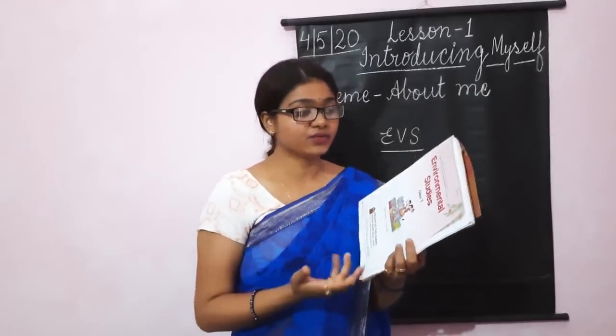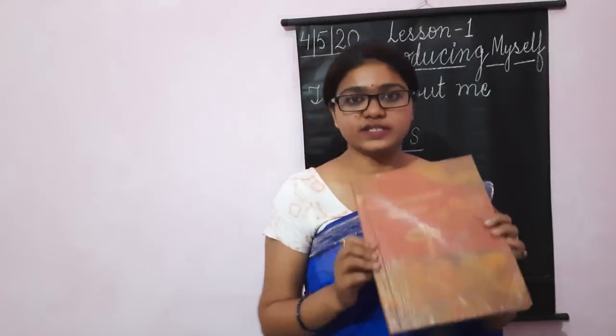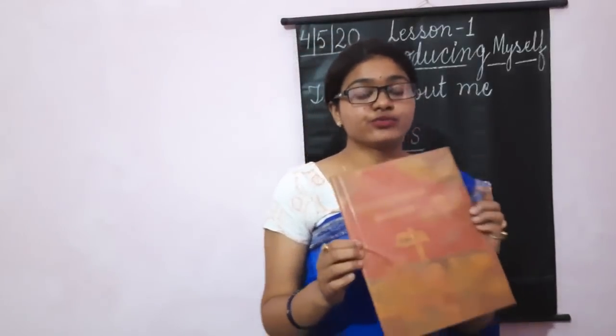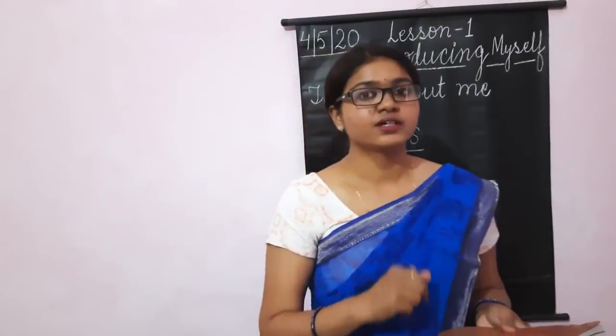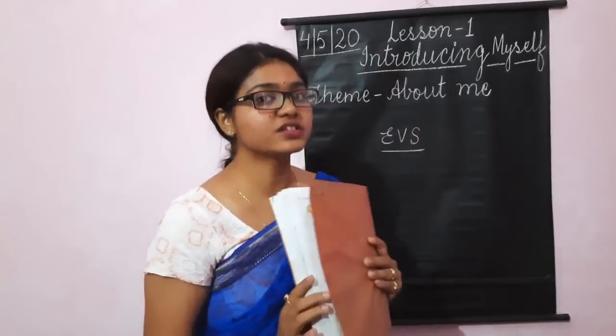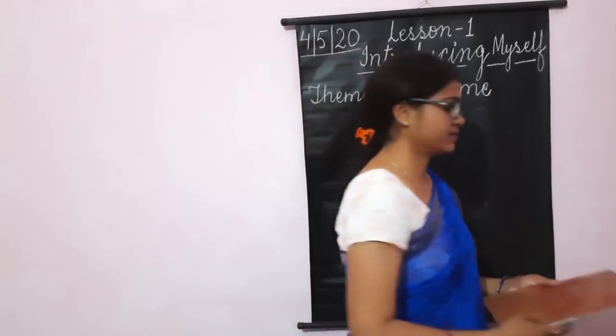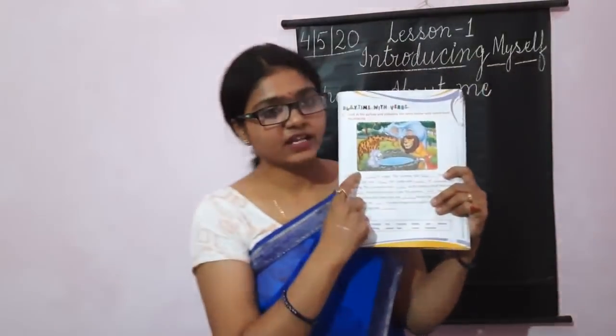Now you will think, what is Environmental Studies? I know you are very curious to know. So, dear students, in Environmental Studies, in this book, you are going to read different types of things. I'll give you some examples. The first thing: can you see the animals in this book?